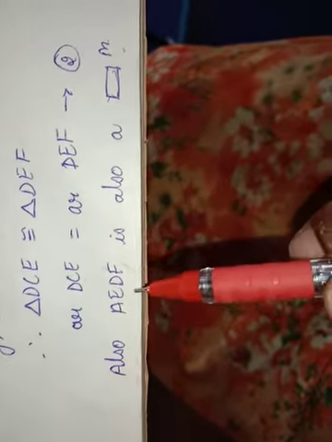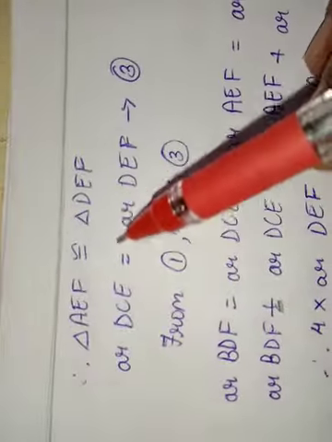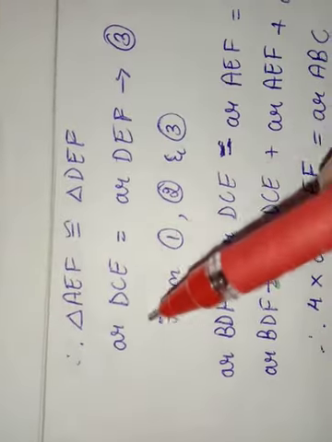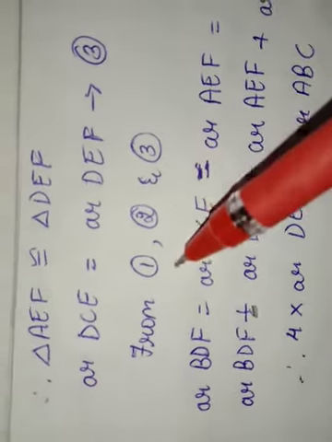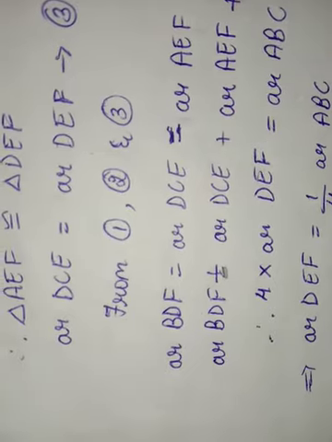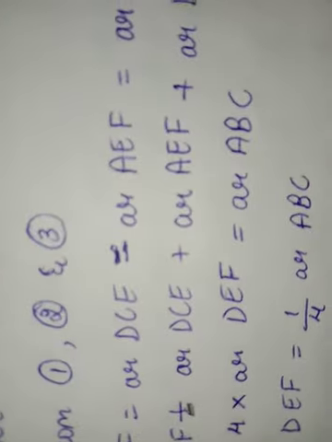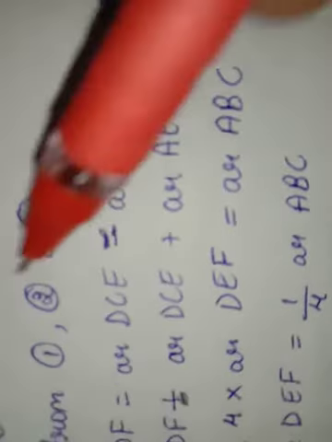Also, AEDF is also a parallelogram. Therefore, triangle AEF is congruent to triangle DEF. Area AEF is equal to area DEF, that is 3. From 1, 2 and 3, area BDF is equal to area DCE is equal to area AEF is equal to area DEF.